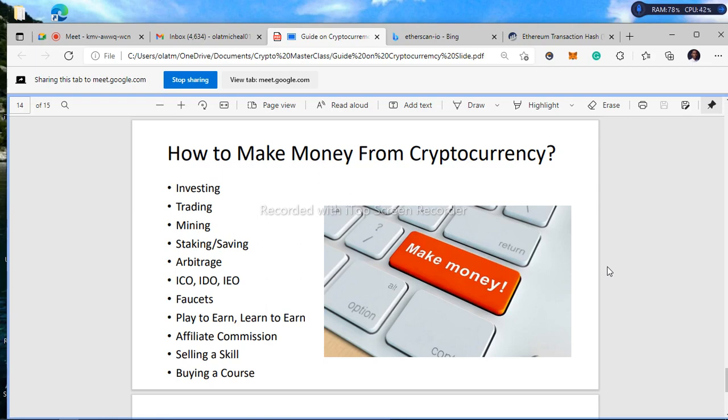But now with the advent of halving, there's something we call halving. Every 4 years, the reward per block gets halved. That means it gets split into two. Initially, when Bitcoin was first mined, the reward was 60 Bitcoin per block. So for every 10 minutes, 60 Bitcoin is being distributed to the miners. After 4 years, that 60 Bitcoin became 30 Bitcoin.